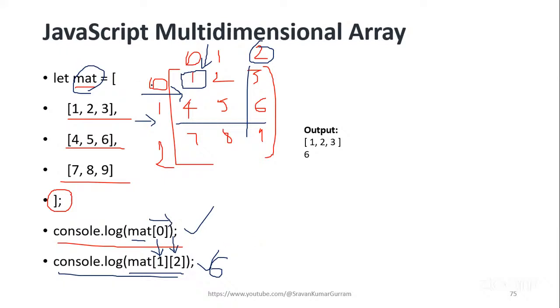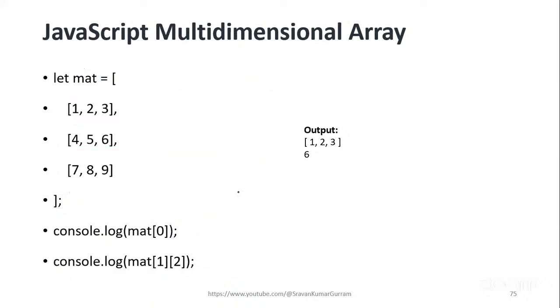So the zeroth row, 1, 2, 3, will be printed. Depending on your requirement, you can use indexes. So mat[0] is nothing but the 0th row, 1, 2, 3. You can observe here in the output, we have 1, 2, 3.